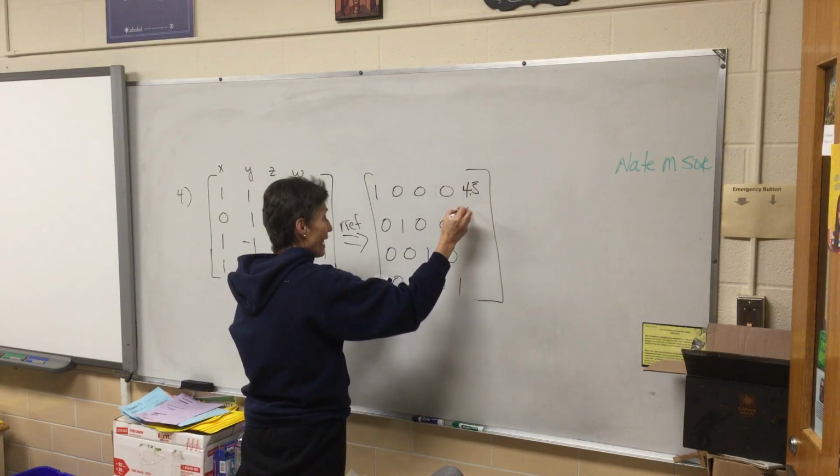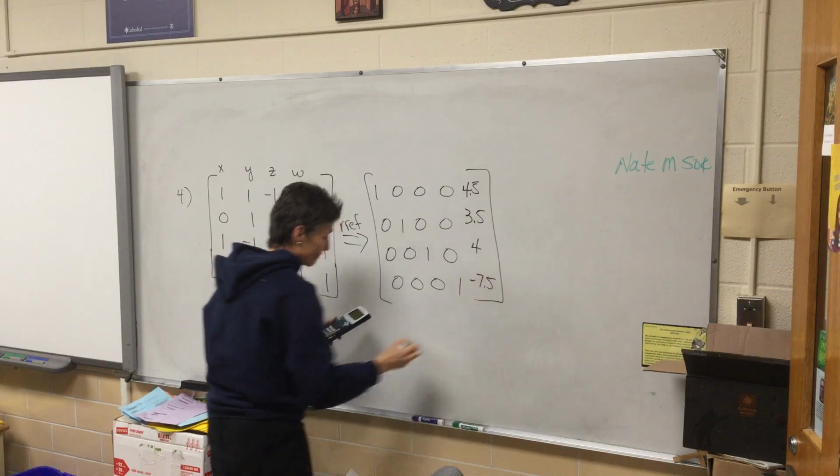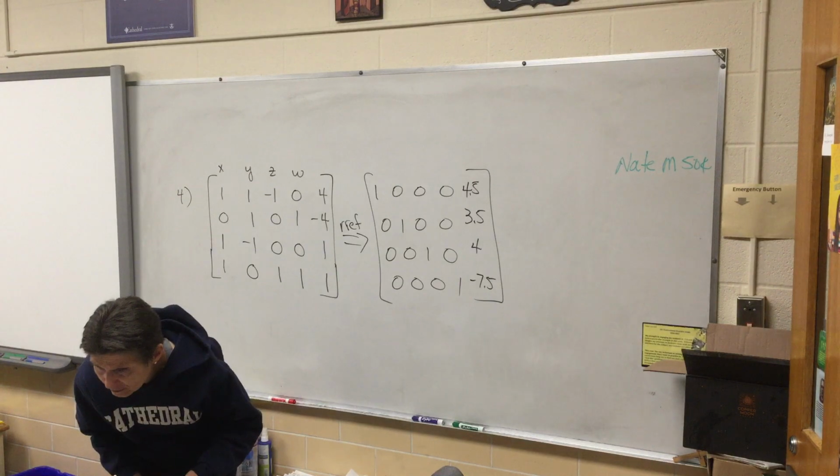I got 4.5, 3.5, 4, and negative 7.5. Is that what you got?